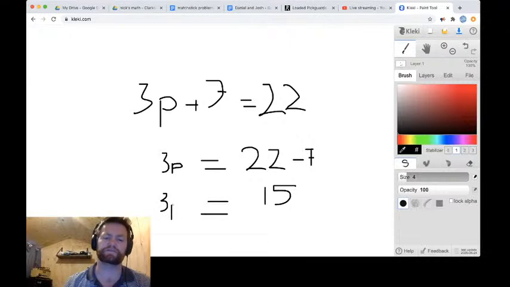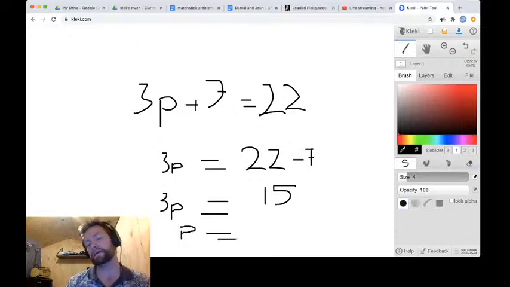This is all revision for you guys. But then p is going to equal 15 divided by 3, which is 5.